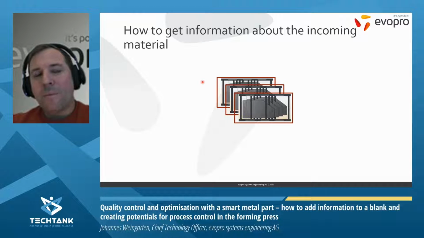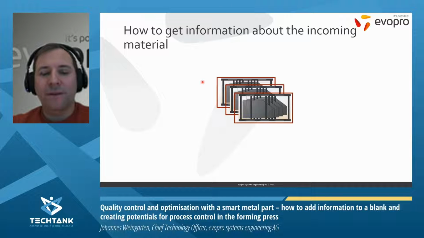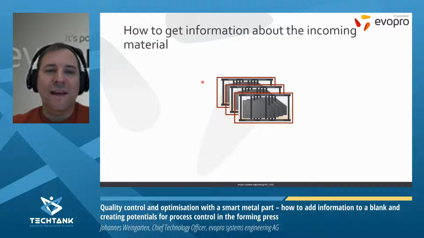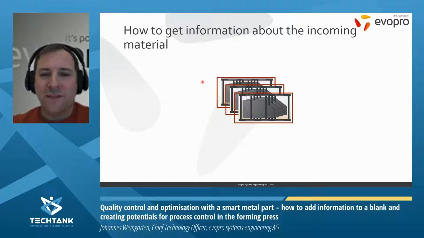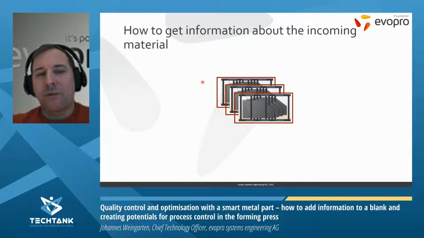When we talk about the forming press, we have a lot of stacks that are delivered to the front of the line, and then these stacks are processed. What do we know currently in the current process about these stacks?